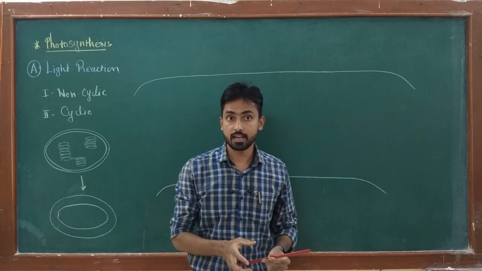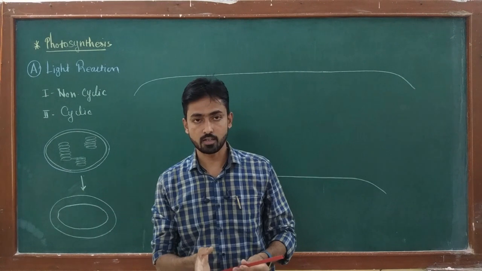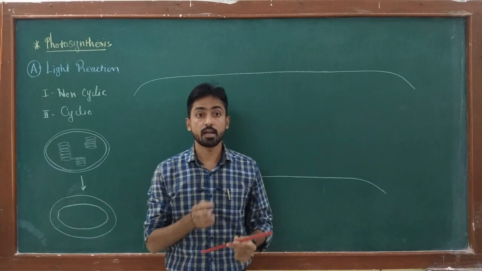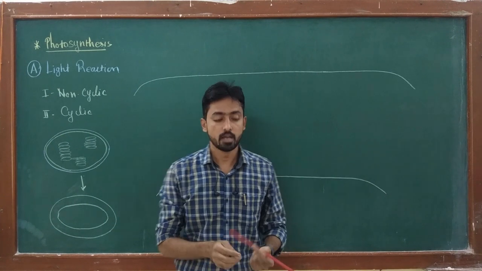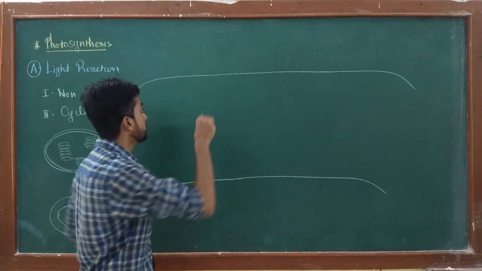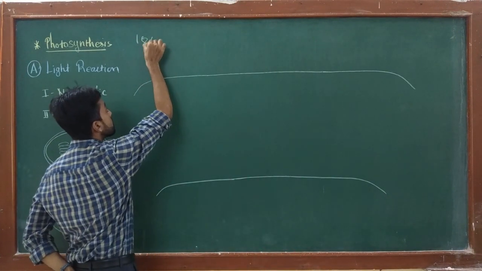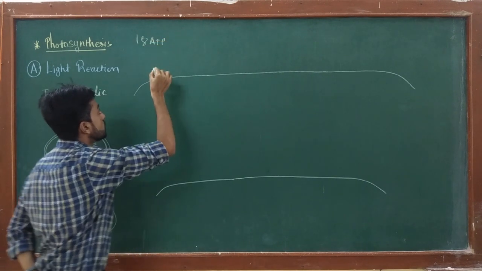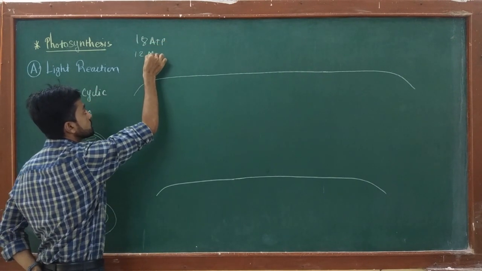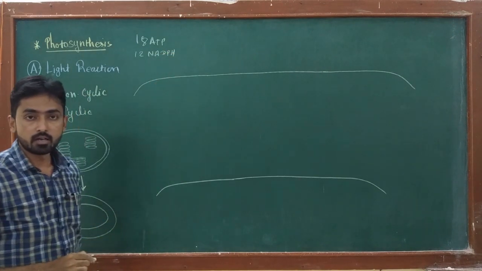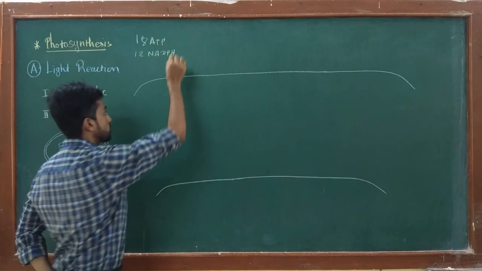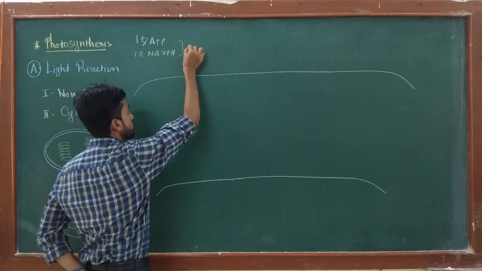We know that the dark reaction, which is also called the C3 cycle or Calvin cycle, requires a high amount of energy for production of a single glucose molecule. Approximately 18 molecules of ATP and 12 molecules of NADPH are required by the Calvin cycle for synthesis of a single molecule of glucose.